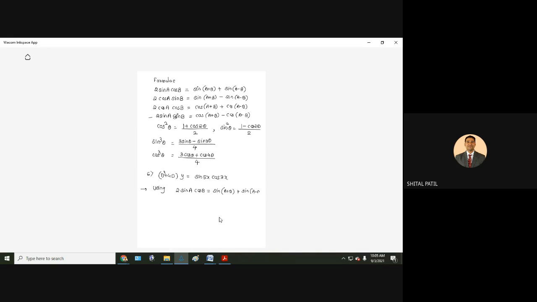Yes, use this formula and simplify it. Since it is the first example of this type, I am writing everything. Actually, all these things are not required.